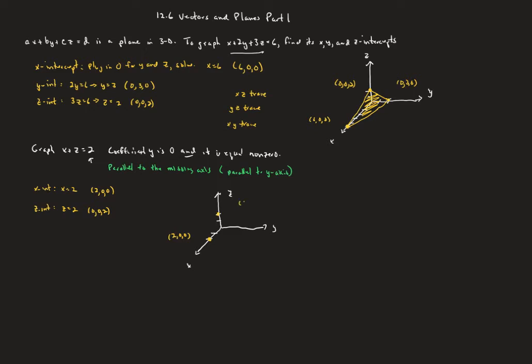Now, I'm going to test your visualization skills here. Remember, our plane is going to intersect the XZ plane right there. That is our XZ trace, and it's parallel to the y. If you can imagine, I'm trying to draw this like it's leaning up against the wall.